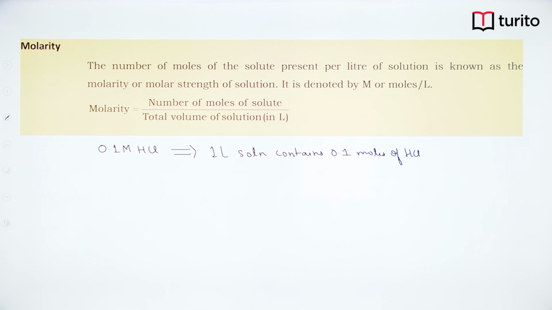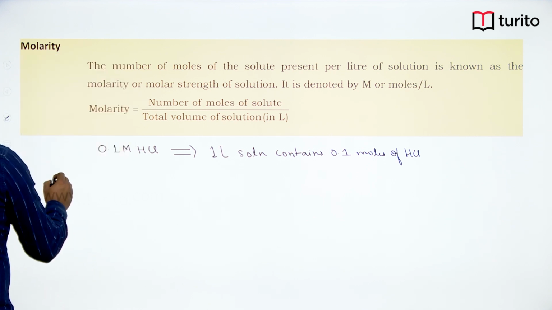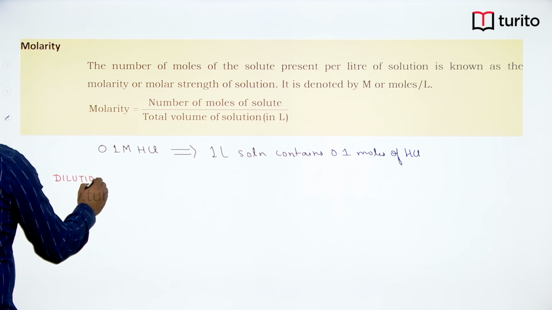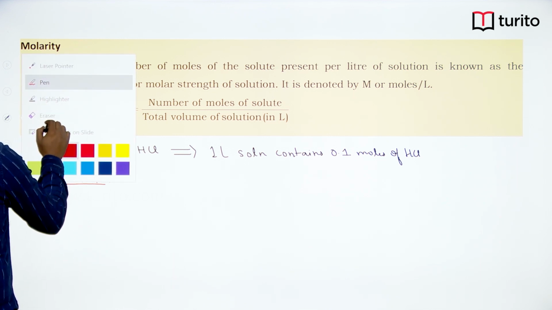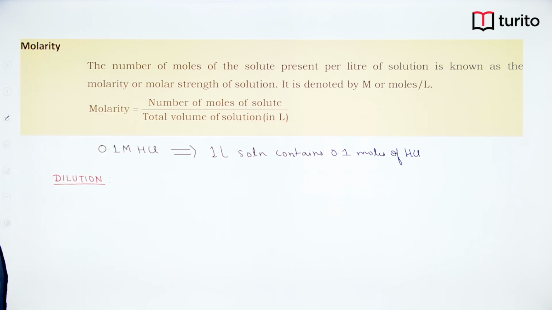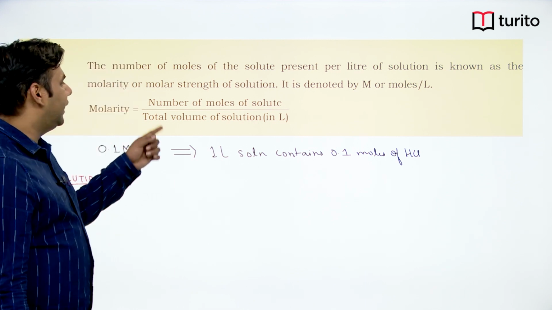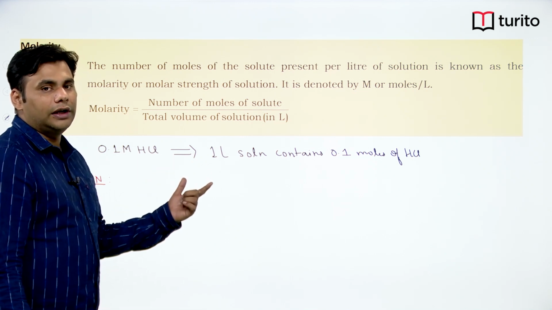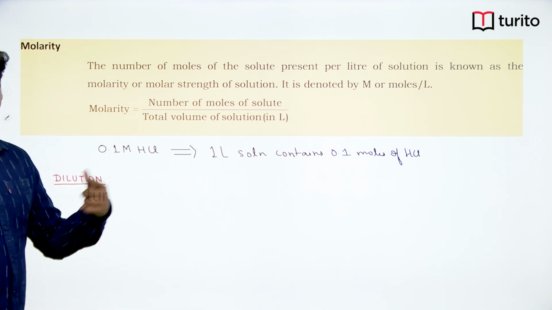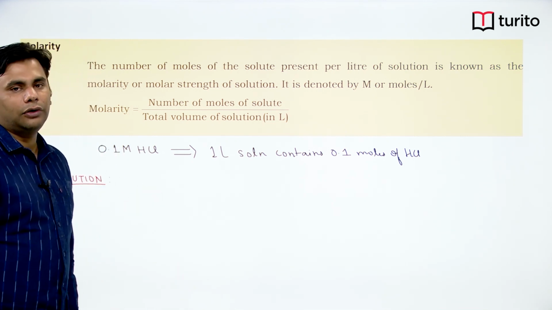Now there are two very important concepts in molarity. The first one being dilution. Okay, so what do we mean by dilution? Now when we are diluting any solution, it means that we are increasing its volume. So when we are increasing its volume, we know that molarity is number of moles upon volume of solution in liters. So when you are diluting, it means you are adding more and more solvent. So the volume of the solution will increase, so the molarity would decrease.